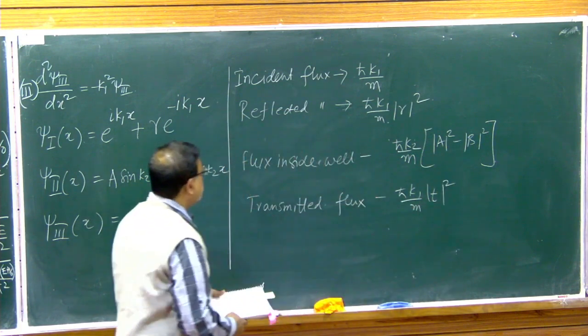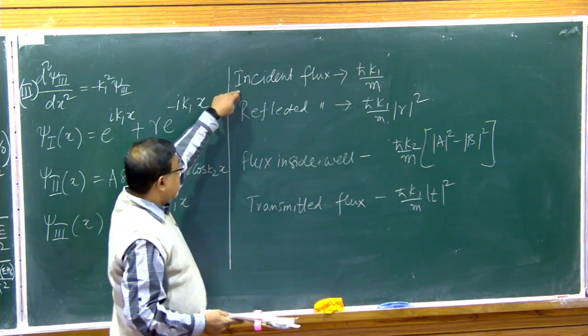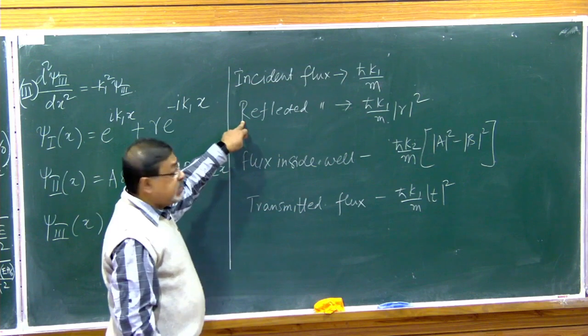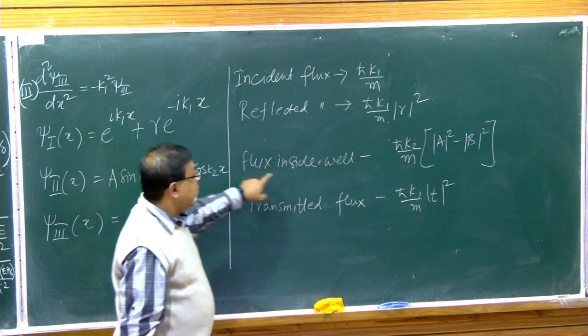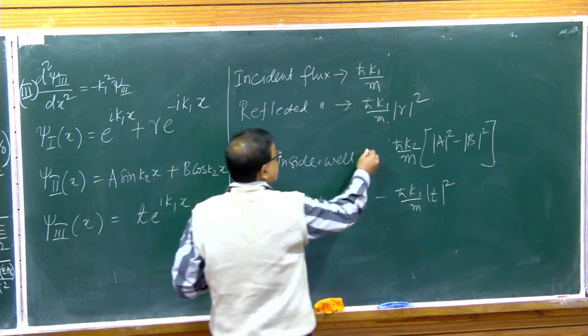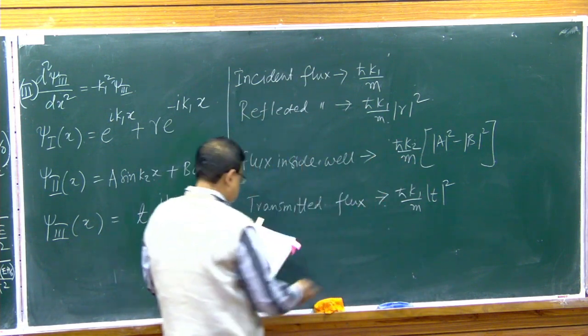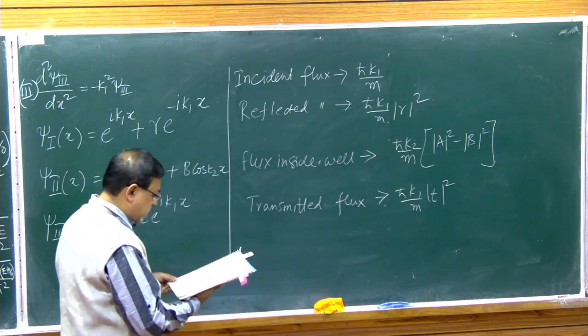Okay, so these are the incident flux, reflected flux in region 1. Inside the well, it's equal to this, and the transmitted flux is given by this.